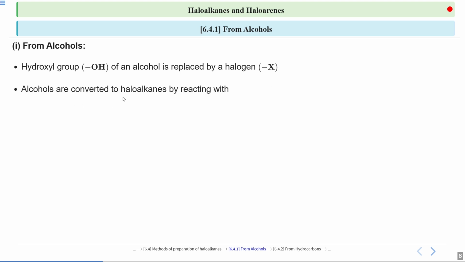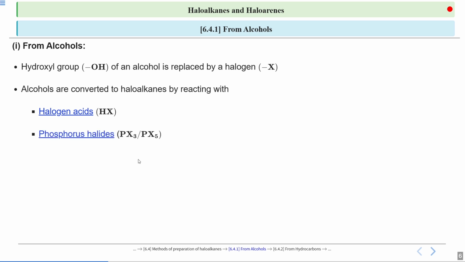Alcohols are converted to haloalkanes by reacting with, first of all, the halogen acid, or you can say hydrogen halide, right?